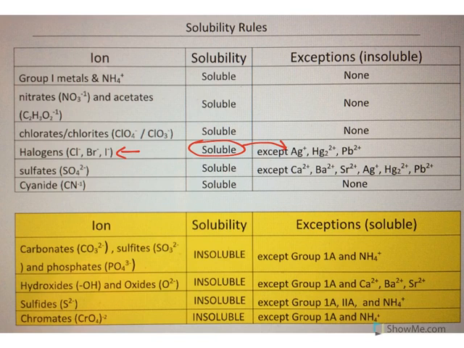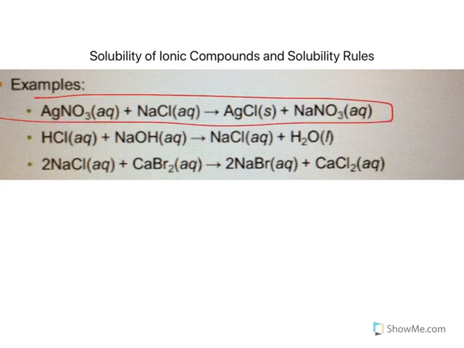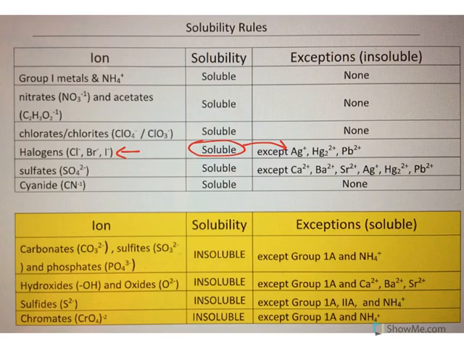Okay? So silver chloride, like from the example they gave us in this first one, is not soluble because it's one of the exceptions to our rule. It's a chloride, which is usually soluble, but not when it's mixed with silver. So silver chloride would not be soluble.